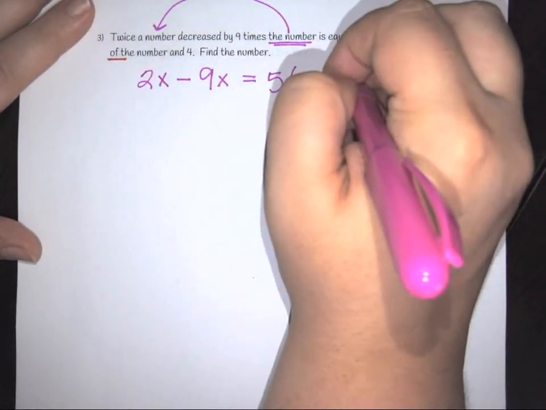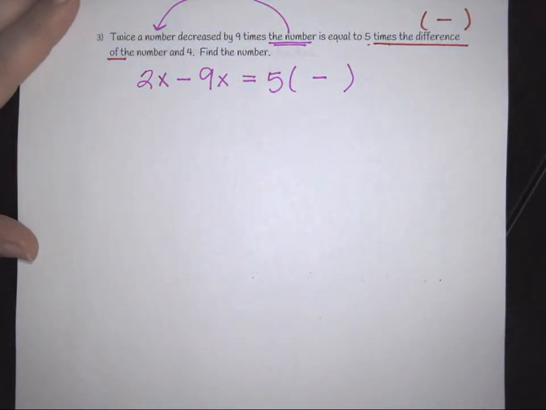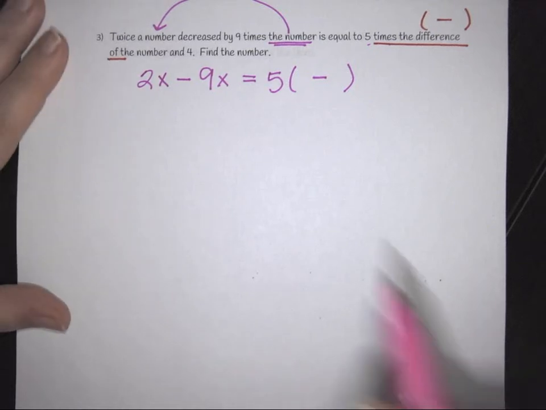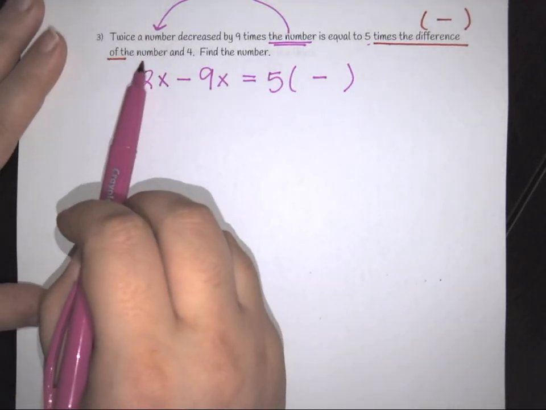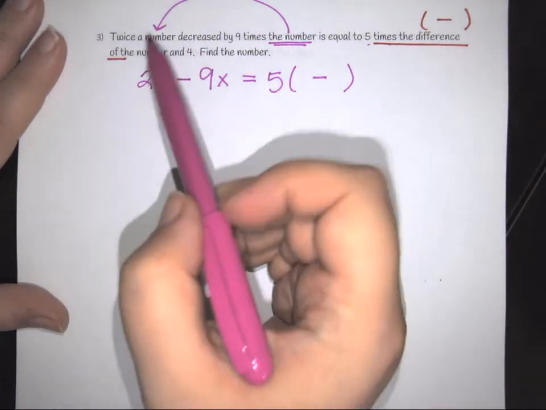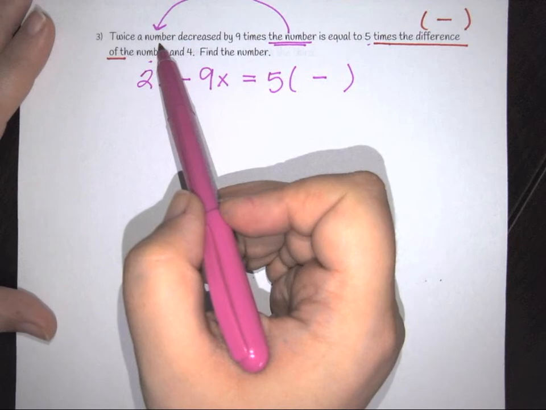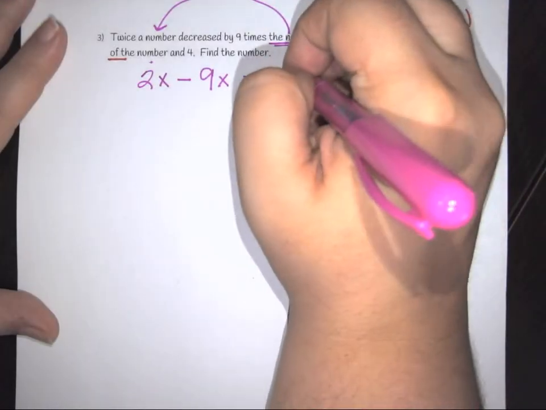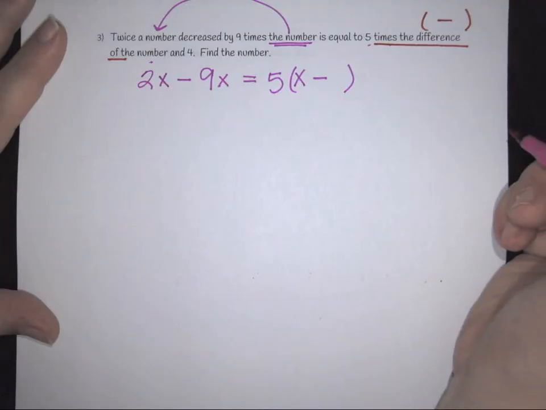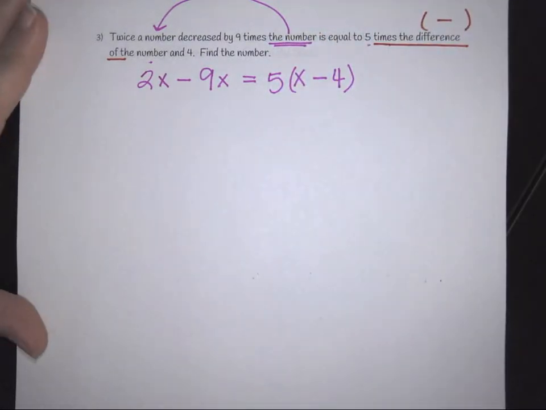I then have to input my parentheses, and I'm going to input my subtraction. Now I have to figure out what my subtraction is. And it's right here, the number and 4. So again, the number is referring to what we had in the beginning of our sentence. So the number is going to be X, and then 4 is just simply 4.